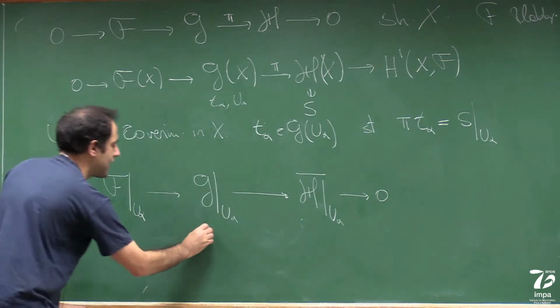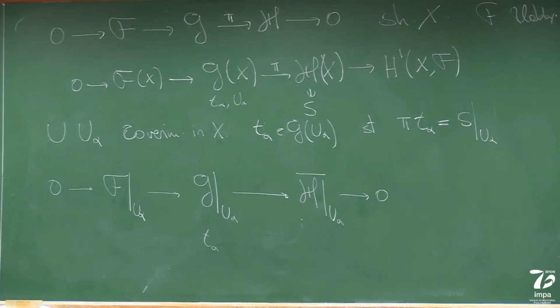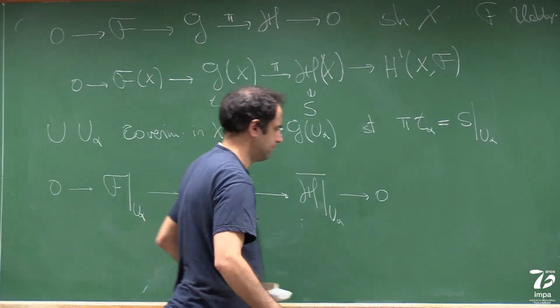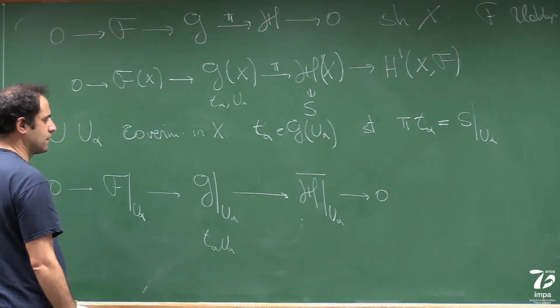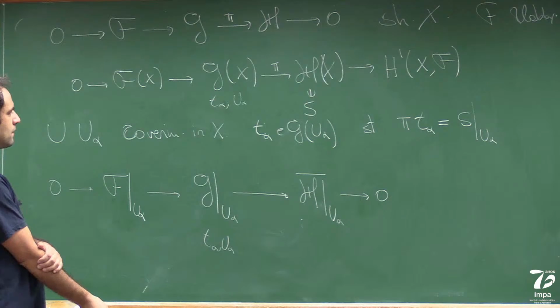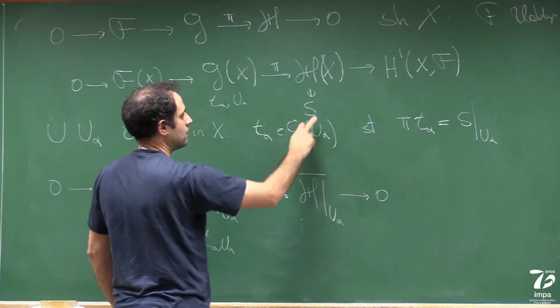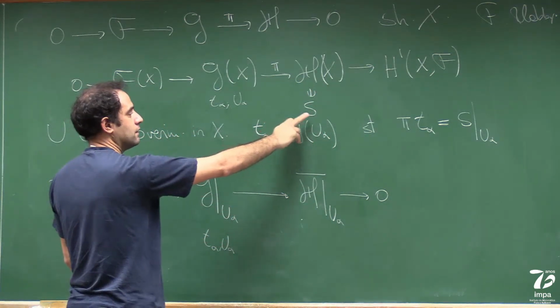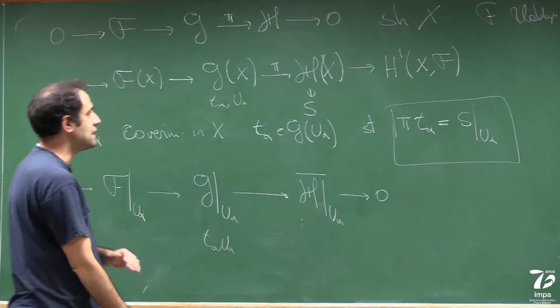Now, the T alpha that I have here is a section of U alpha that maps to this restriction of S on H on U alpha. So that's the T that I constructed there.